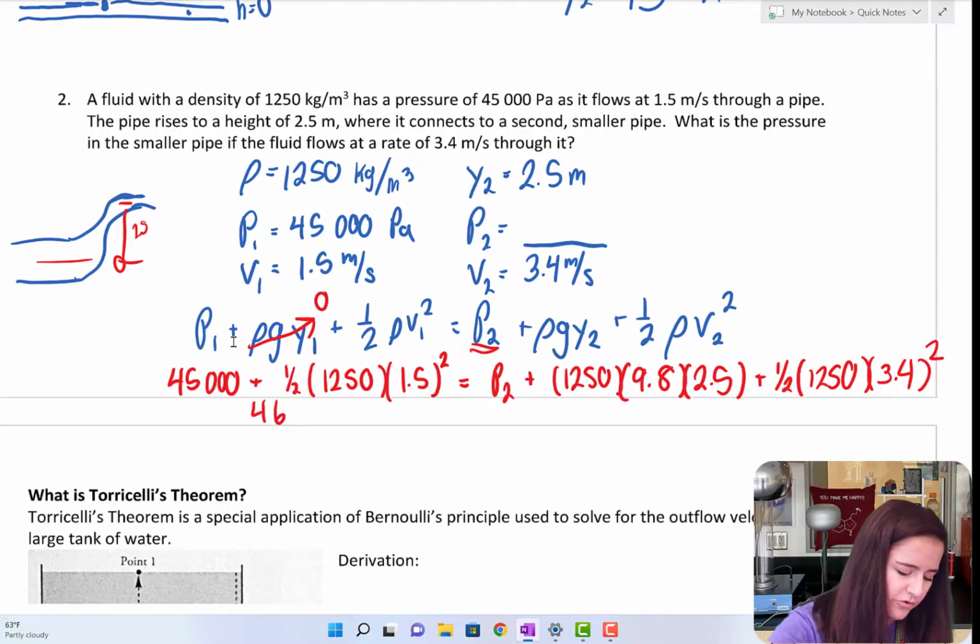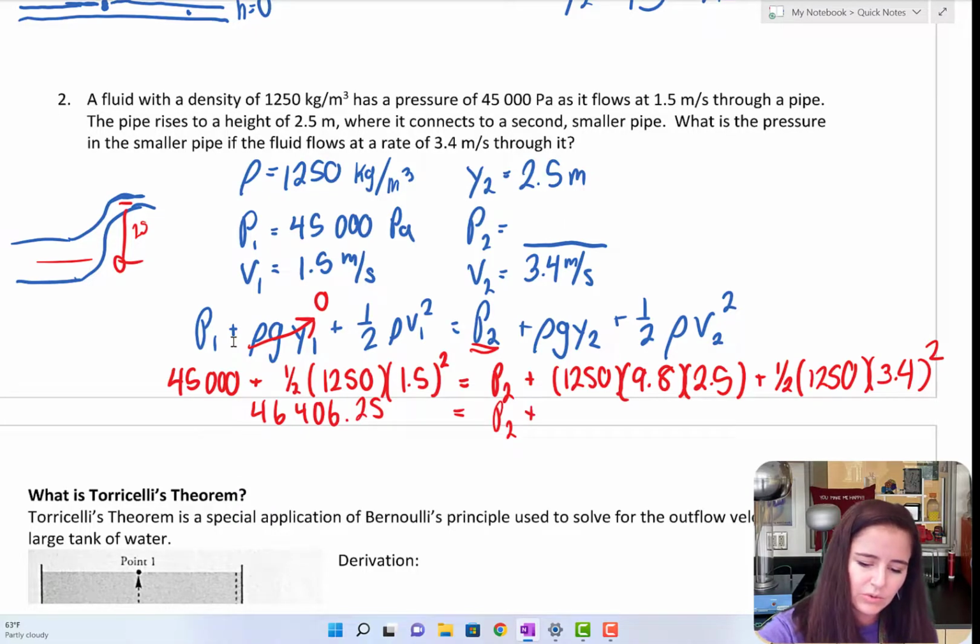And we have 46,406.25 equals P2 plus 337,850.